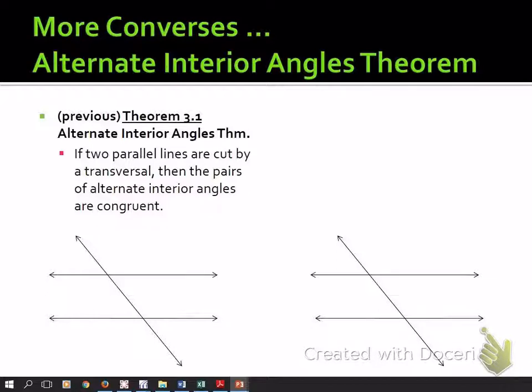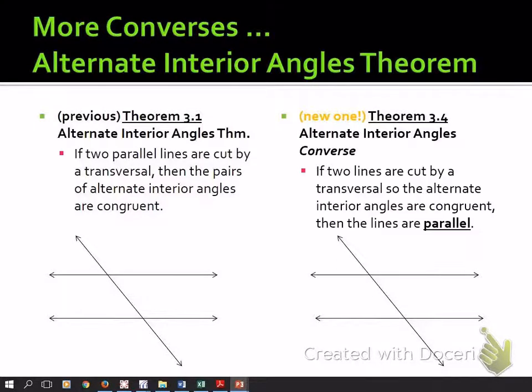Now, like I said before, the same thing is true for the other angle relationships, right? There was the alternate interior angles theorem that said if the two lines were parallel, then the alternate interior angles were congruent. Now we have the converse, which is also true. Okay, if the alternate interior angles are congruent, then we can conclude that the lines are parallel.